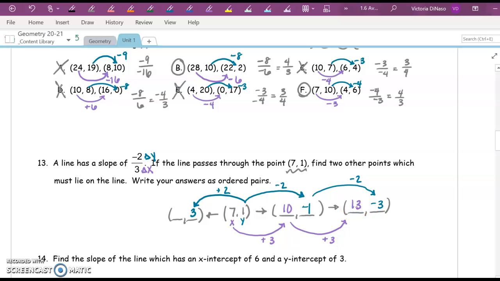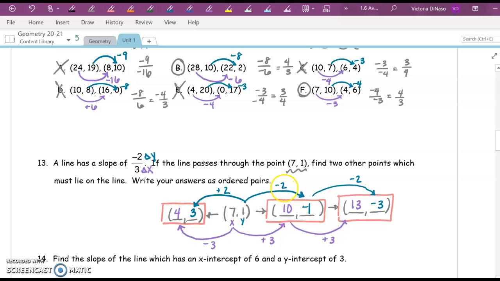So right now we have completed 2 ordered pairs, but we're also going to go the opposite way. The opposite of positive 3 is negative 3. So 7 minus 3 gets me 4. So here are 3 ordered pairs as answers. We have 4, 3, 10, negative 1, and 13, negative 3.